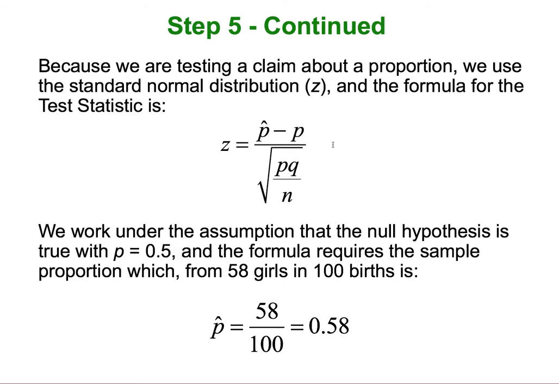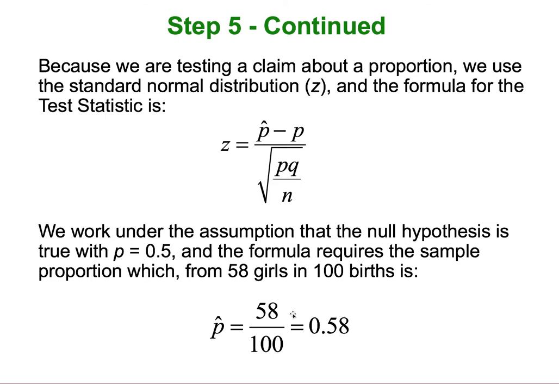And here we have the formula, a little bigger, a little easier to see, and so we're given all of these values: population proportion, population complement, which we know by default because it's 1 minus the population proportion, and the sample size, but we have to calculate the sample proportion.